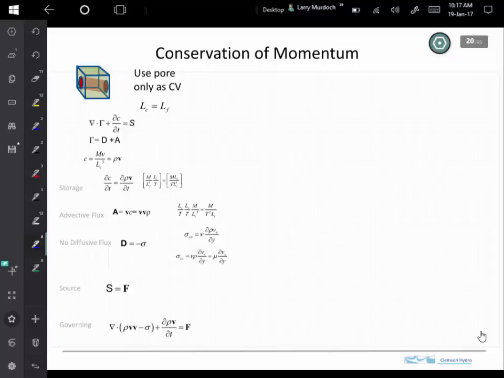What I'm going to do is first go through this using the same approach that we just used, where we start off with the same initial equation. We've got momentum that we're going to conserve. So we'll first zoom in on a pore and do this for just the momentum of the fluid within the pore.